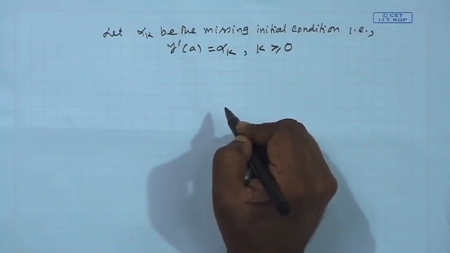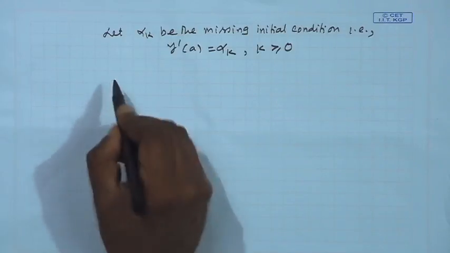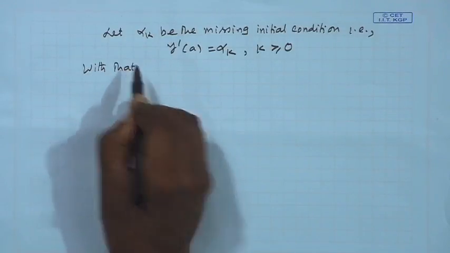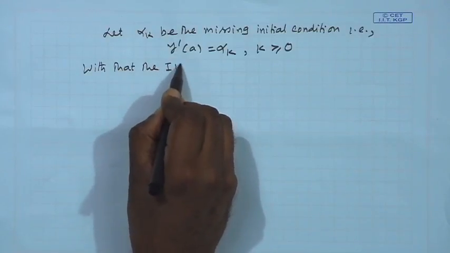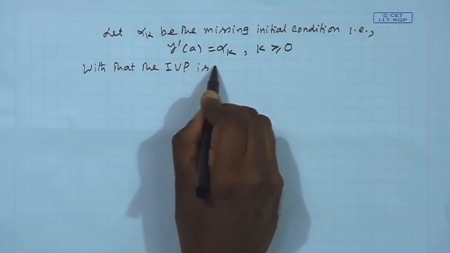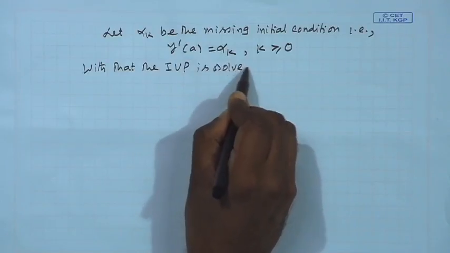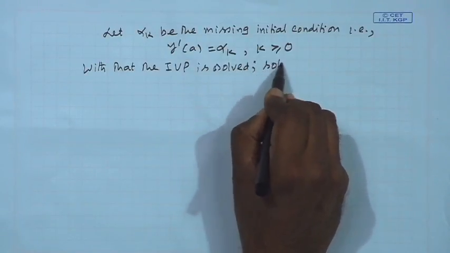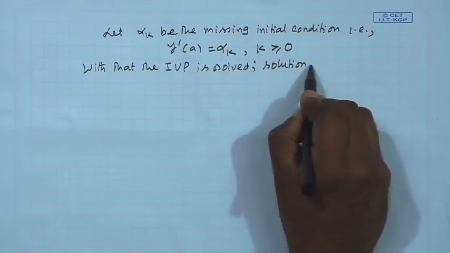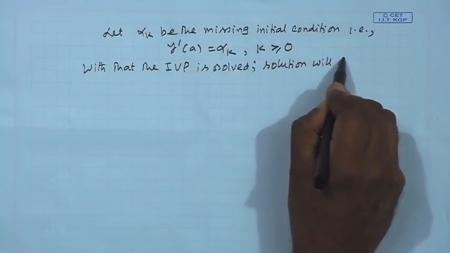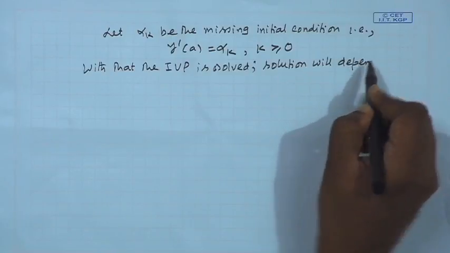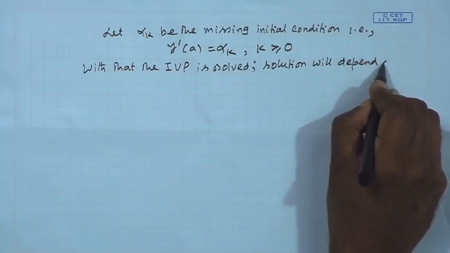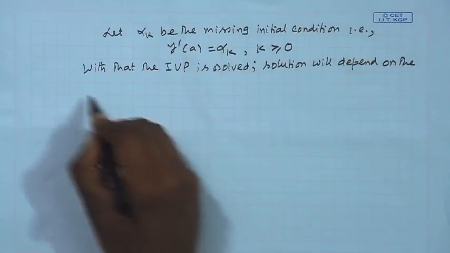We will define what k is. Now, with that the IVP is solved. So, obviously, this IVP, the solution will depend on the choice of alpha k.